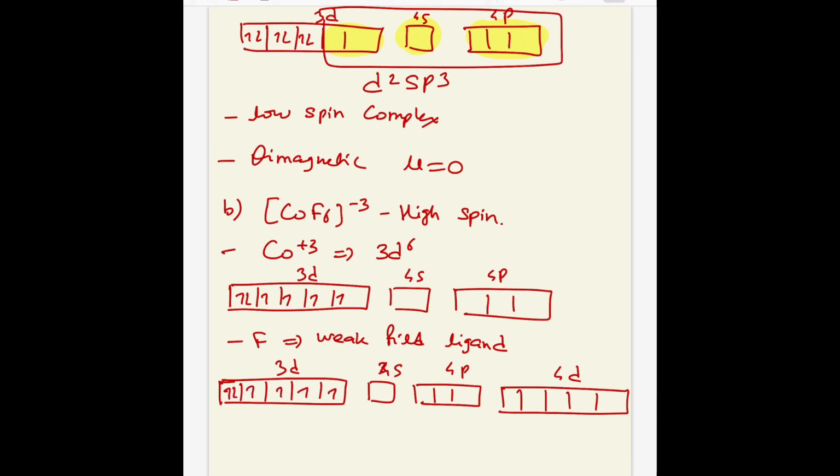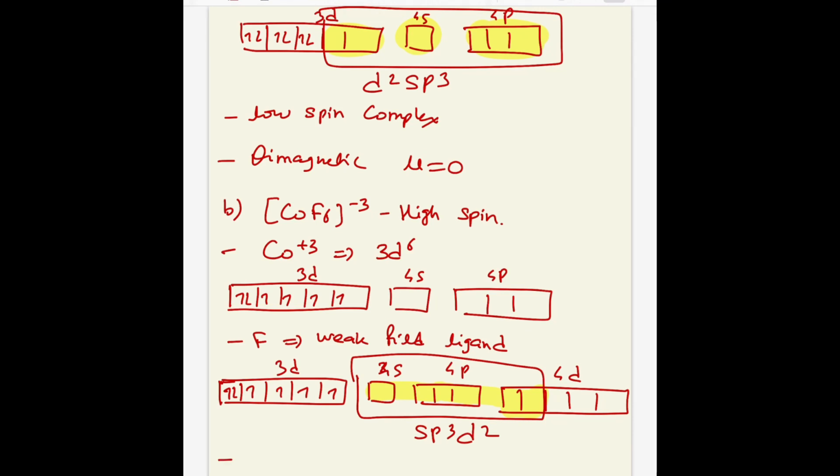So 6 empty orbitals are required, 1 from 4s, 3 from 4p, and 2 from 4d. So the hybridization of that complex is 1 s, 3 p, and 2 d, that is sp3d2.